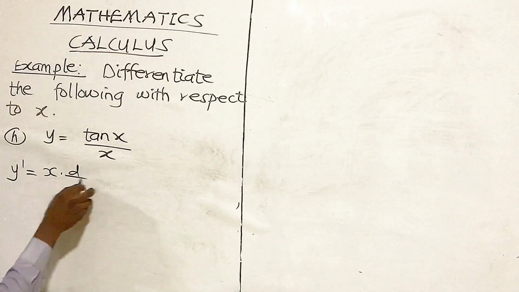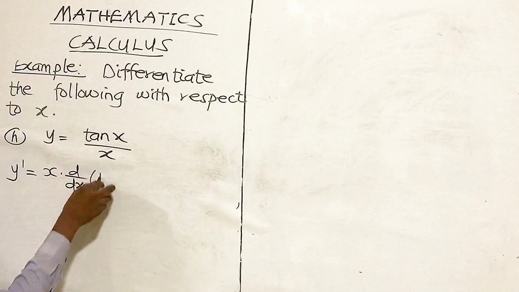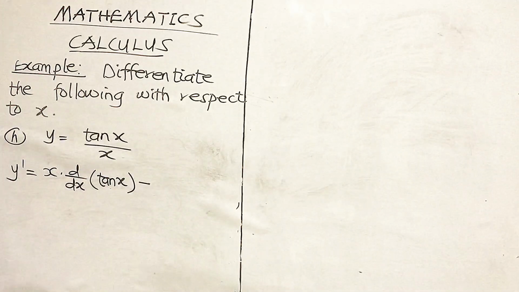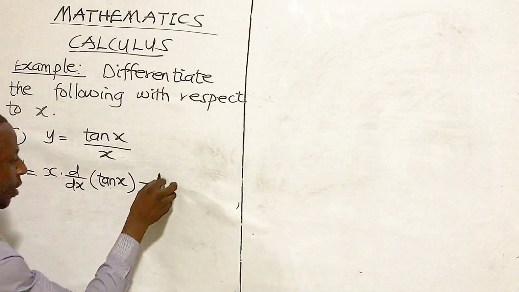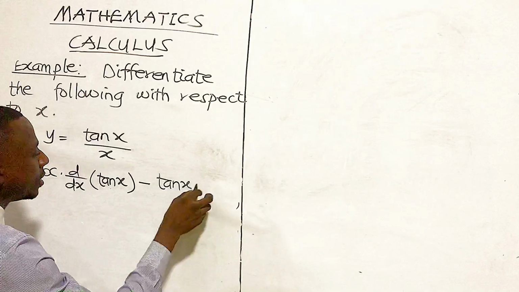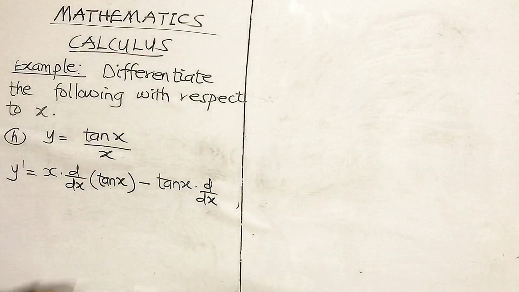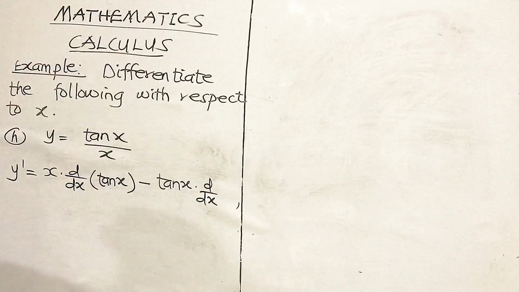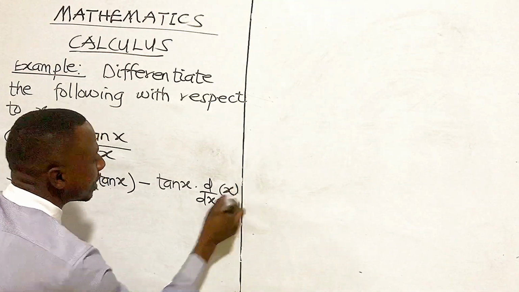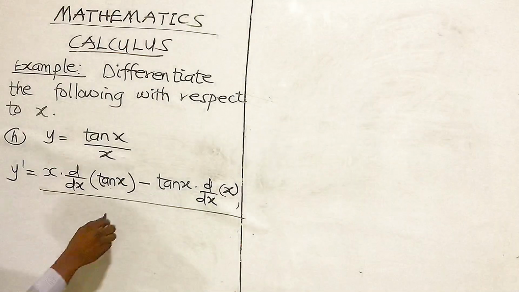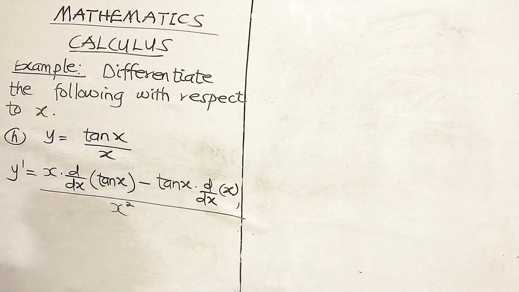So we have d dx of tan x minus, we will now maintain the numerator, which is tan x, multiplying the differential of the denominator, and that is x, all over the denominator squared.